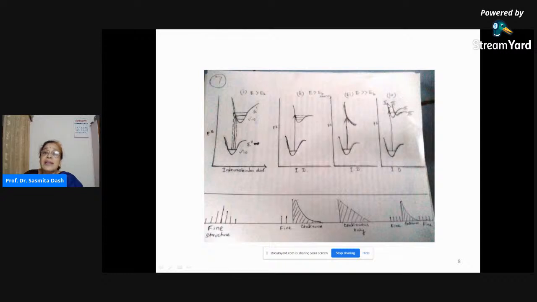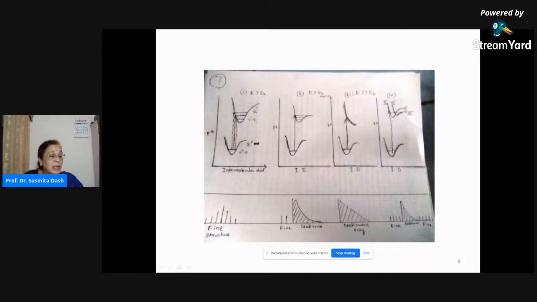These 2 and 3 are energetically very close to each other. The only difference is that 2 is a little bit stable and 3 is a little bit unstable. You can predict that from the diagram that has been drawn in this manner.